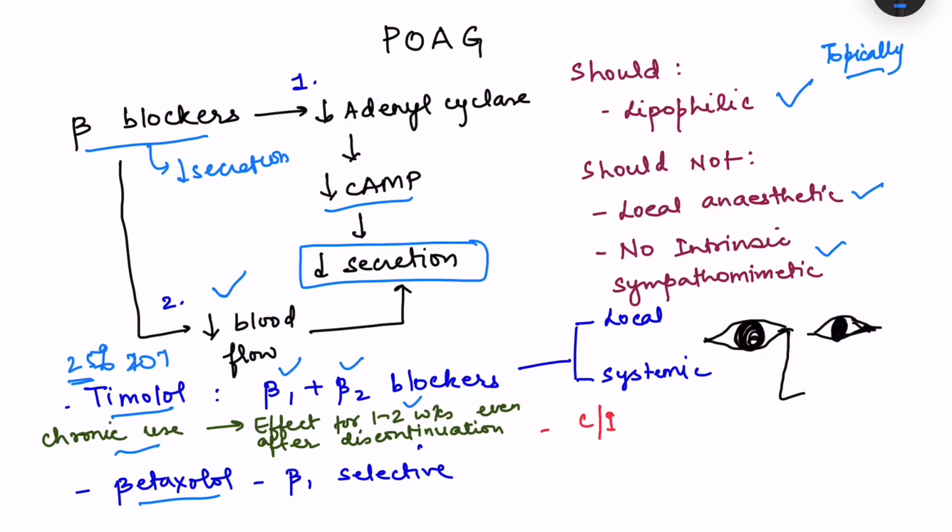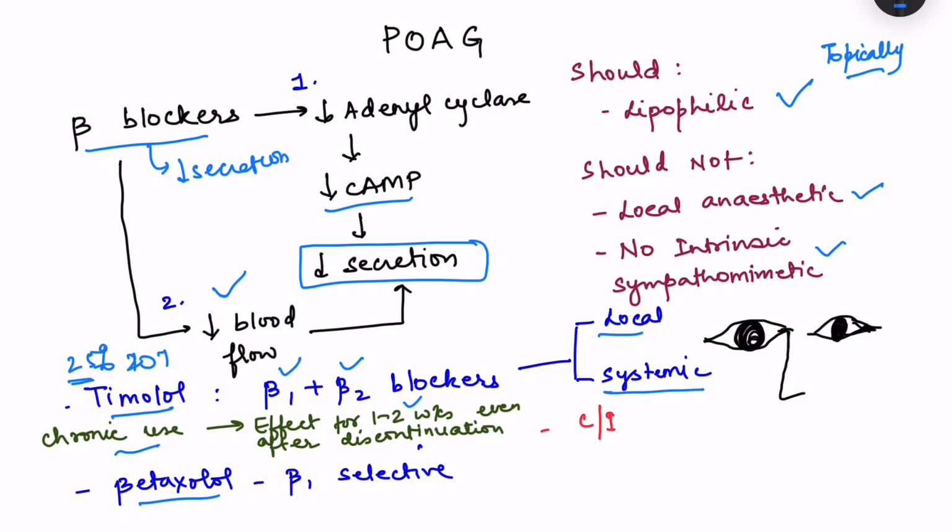But there can be certain side effects. Local side effects are less, but sometimes there can be development of inflammation, that is blepharoconjunctivitis can occur. But if it is absorbed into systemic circulation, it will have effects just like any other beta blockers. So beta blockers are contraindicated in patients with asthma, bradycardia and AV block.